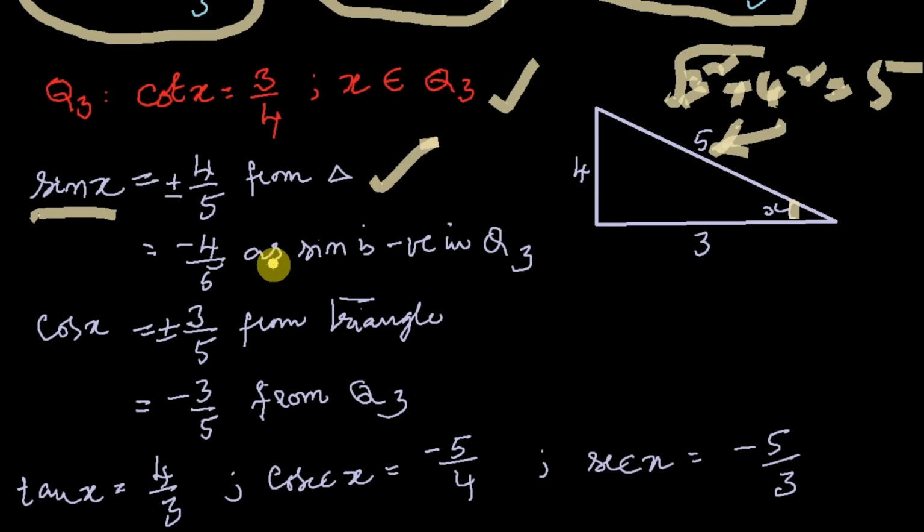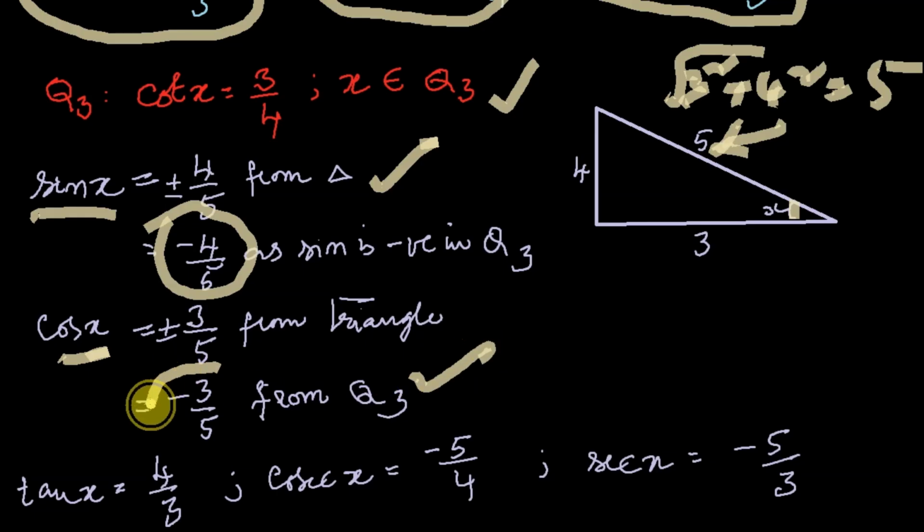And because it is in Q3, it is minus 4 by 5. Cos x is adjacent side by hypotenuse, plus or minus. And because it is in Q3, we take minus, so cos x is minus 3 by 5. Tan x is minus by minus, plus 4 by 3.